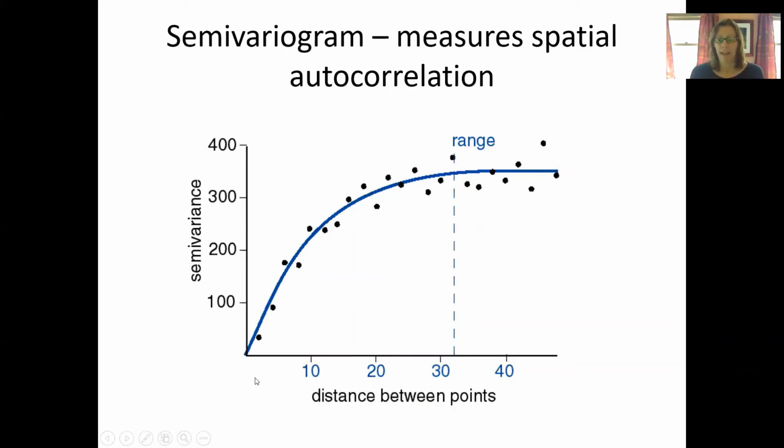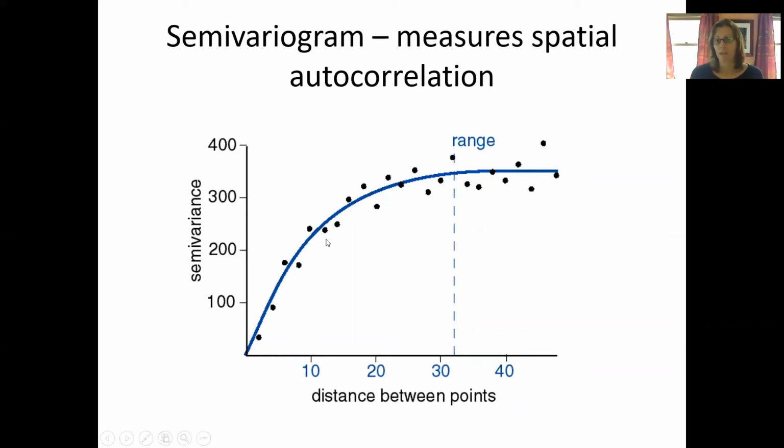And as you go further away from points, so whatever these units are, let's call them meters or kilometers or something like that, then your variance increases, right? So those point locations are more different as you're further away than when you're really close together. These things are not that different at all.